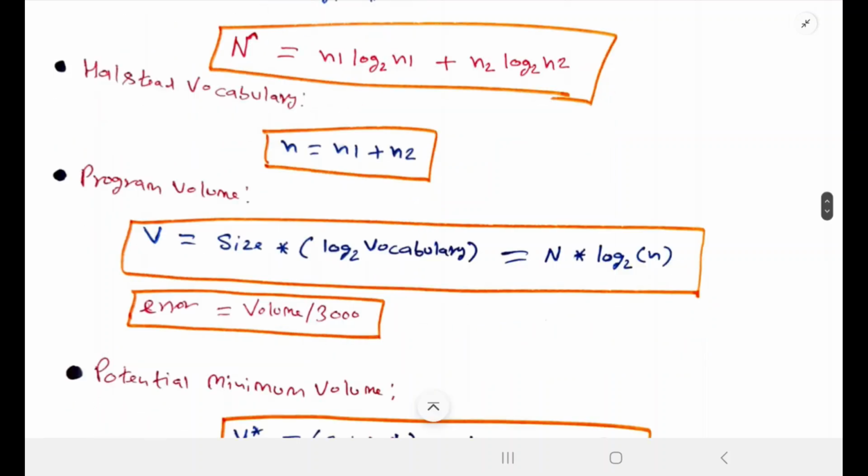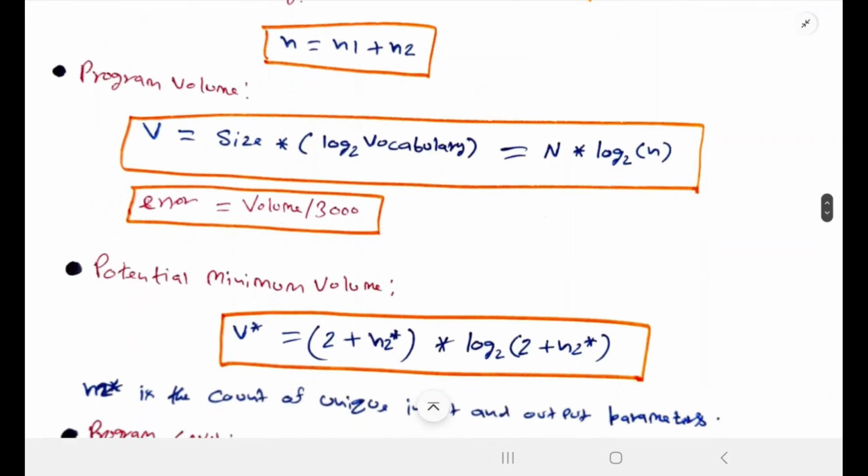The program volume will be measured by V. This is denoted by V, and the value of V will be size into log 2 vocabulary, and we can denote it like V equal to N into log 2 n, and the error will be volume upon 3000.